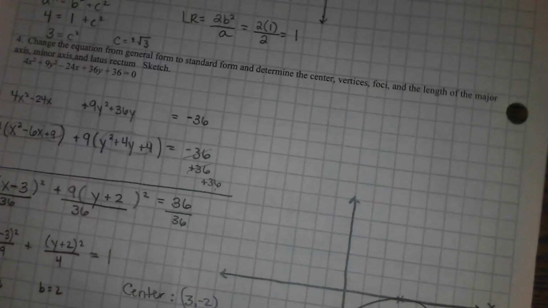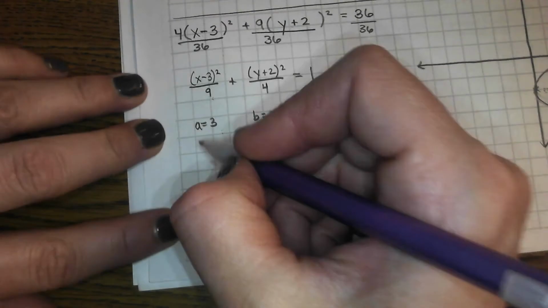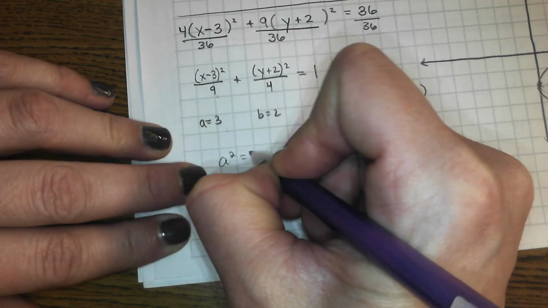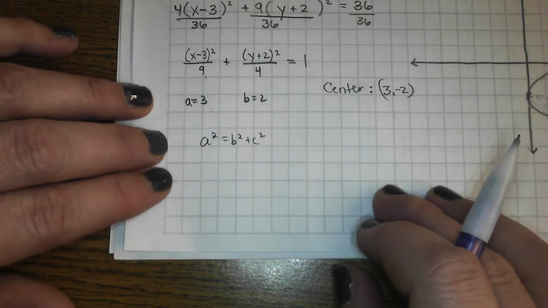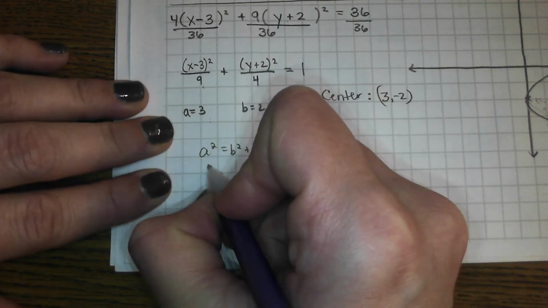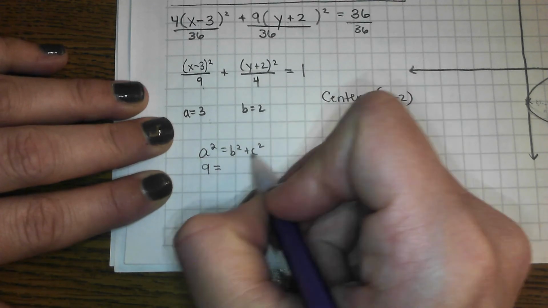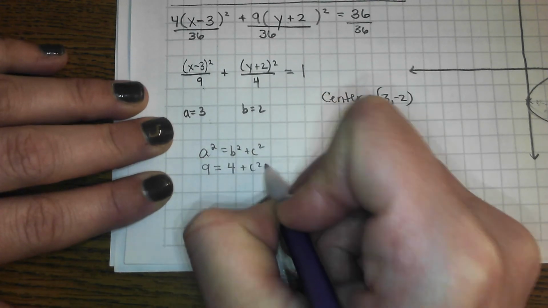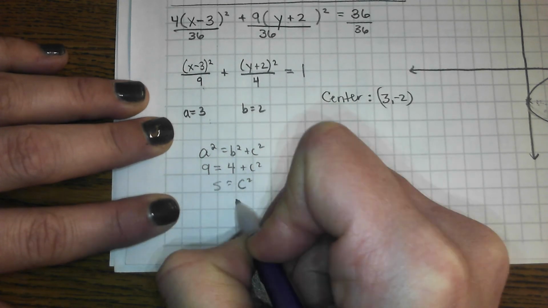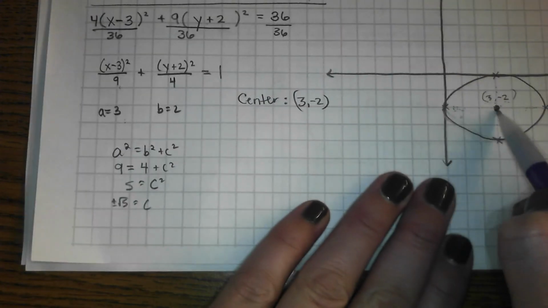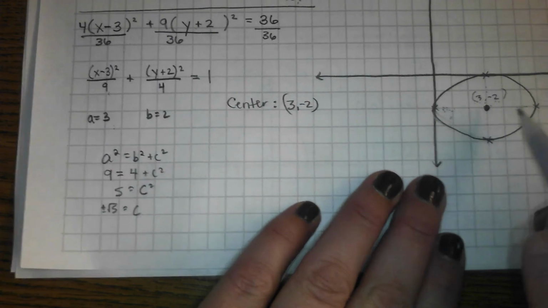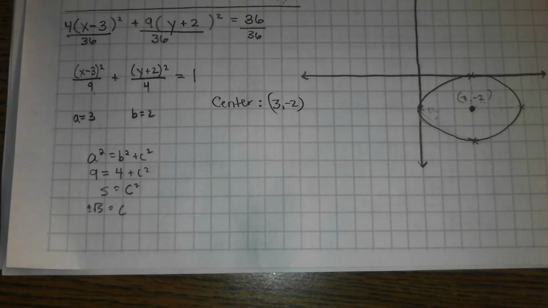So in this particular case, did you find your c value? A squared equals b squared plus c squared. Radical 5. Okay, so b squared is 4. Yep. So c squared equals 5, and c equals plus or minus root 5. So I'm moving left and right from this. So my focal points, now I'm going to come up with what radical 5 is so I can at least draw this to scale, 2.23.